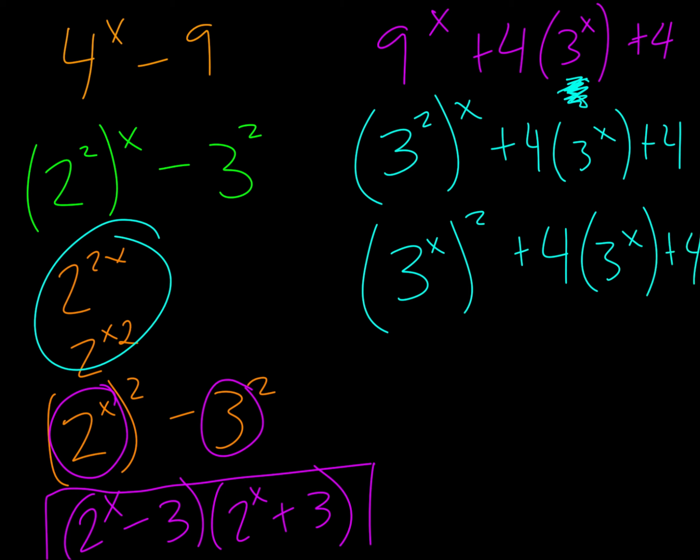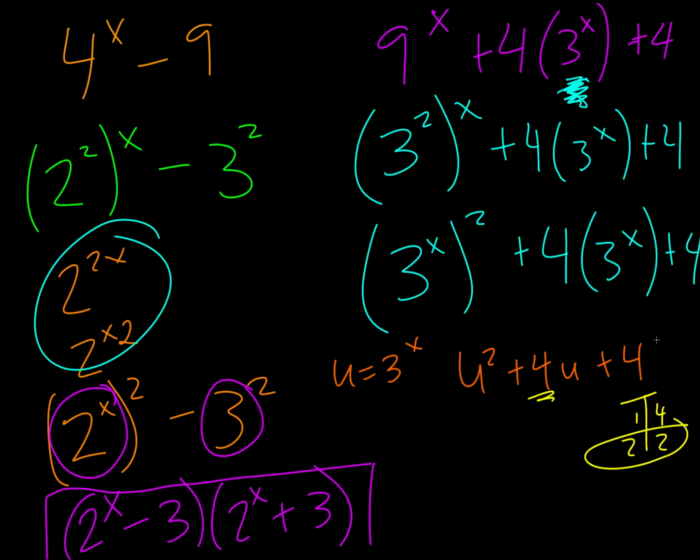Now, we're going to set up a u. So we're going to say u is equal to 3 to the x. If we do that, this is u, so it's u squared plus 4u plus 4. And so now it just looks quadratic. We can do 1 and 4, 2 and 2, and 2 and 2 add up to this 4.